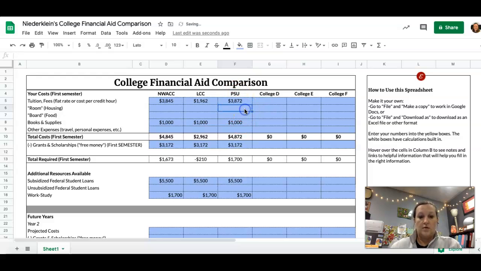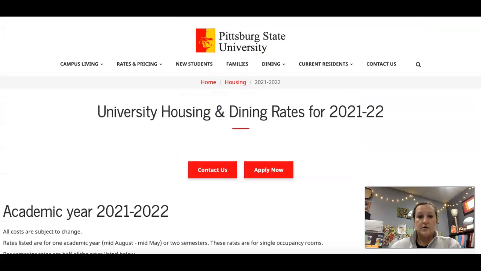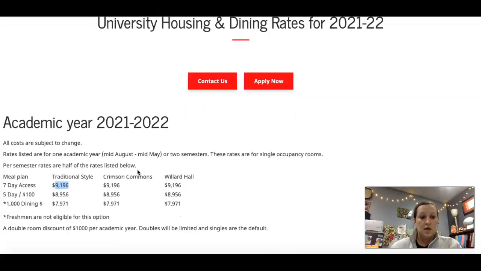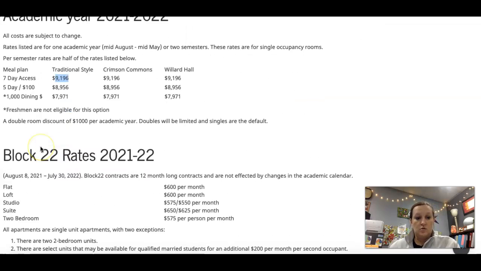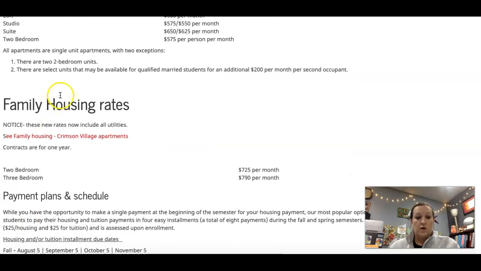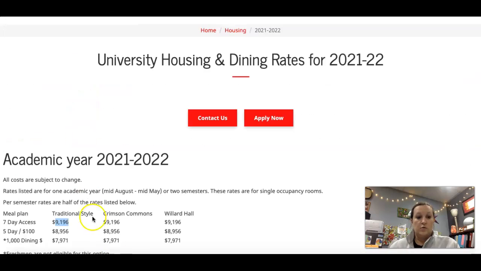Okay. Pitt State does have their academic rates for housing and dining rates. So know that they are subject to change. You would have to look and see, looking at what you were wanting to do. These are listed by the year, excuse me.